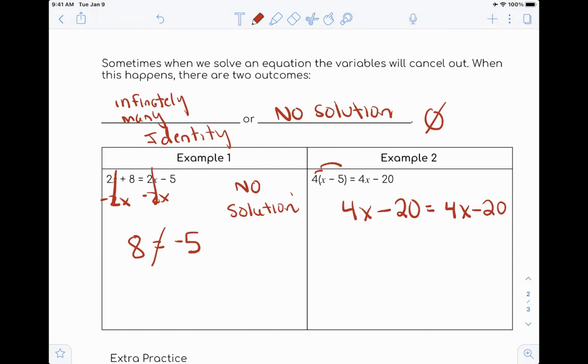So at this point, I know any value that I substitute in for x, the left and the right-hand side will be the same. I can go through and subtract 4x from both sides, and then I would be left with a statement, negative 20 equals negative 20. Well, that is true. So that has infinitely many solutions. It's called an identity.